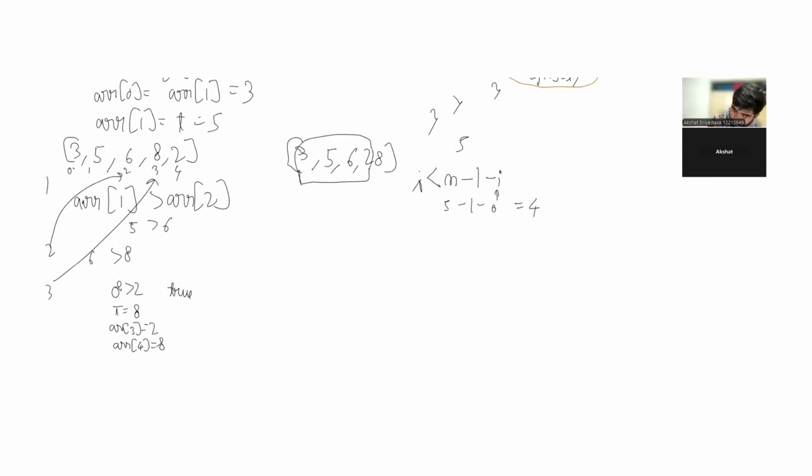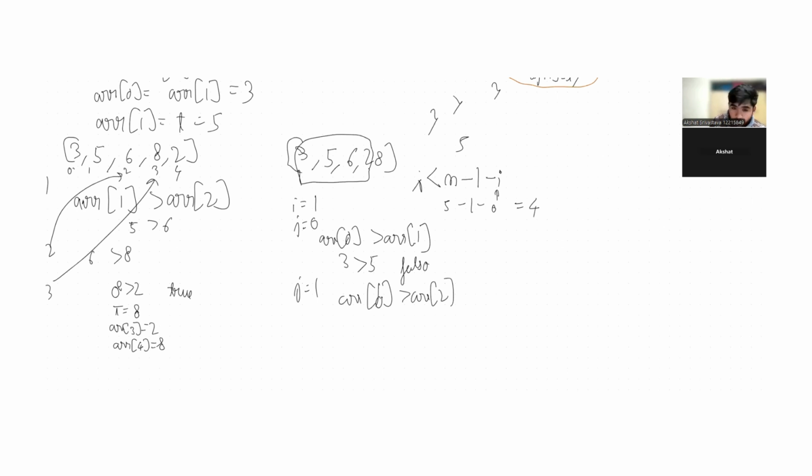Moving further, for the value of i equals 1, we will have j equals 0. Again the same thing: ARR[0] greater than ARR[1], 3 greater than 5, false. j equals 1: ARR[1] greater than ARR[2], 5 greater than 6, false again.